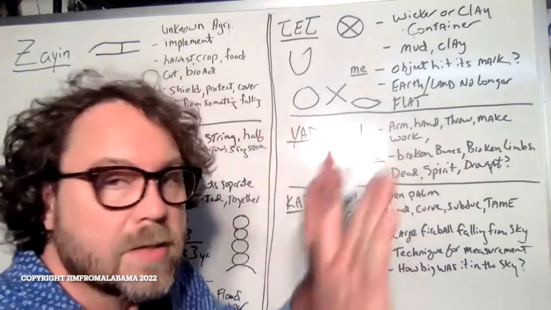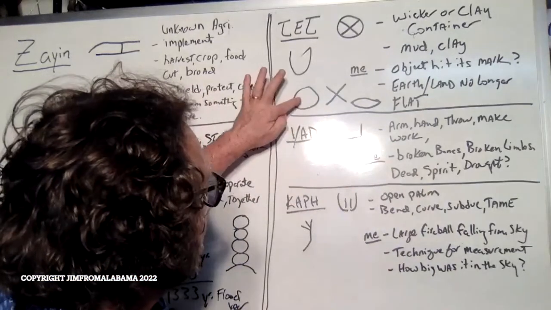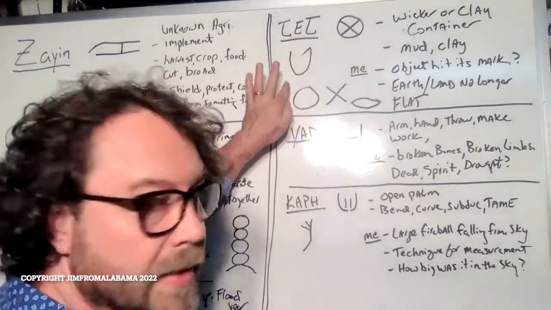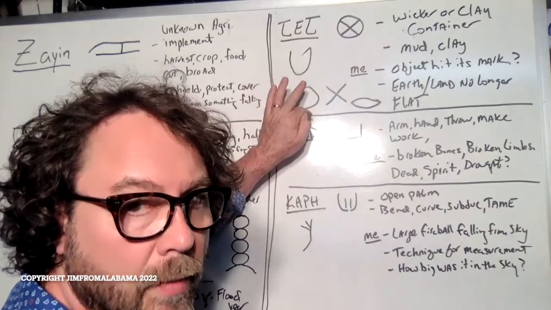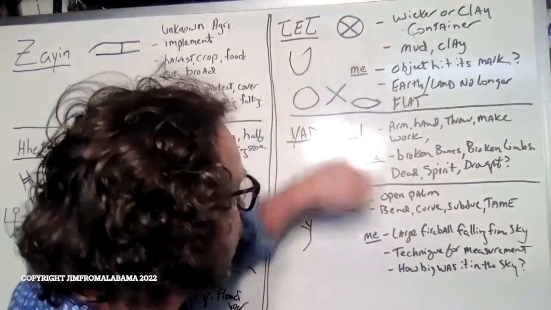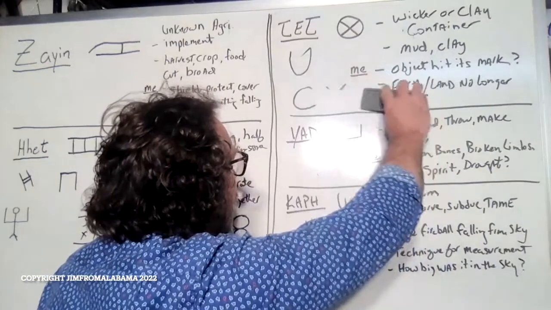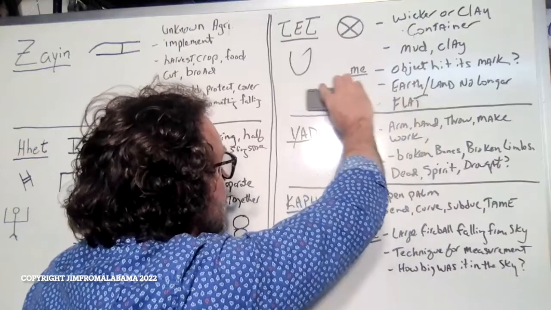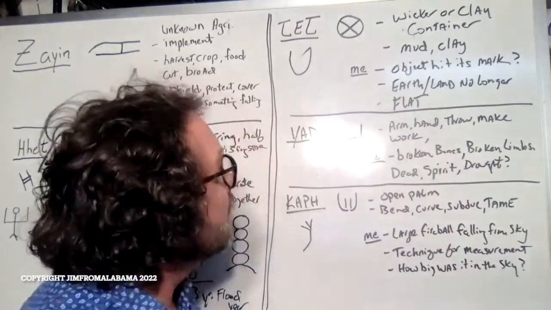They just had to draw flat stuff. So I think what this means is the whole land, or the whole earth. And then you put the two together here, and it's flat too.